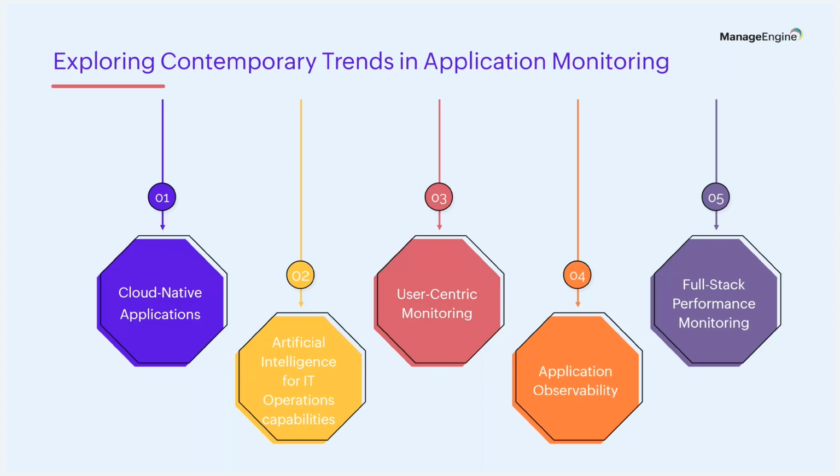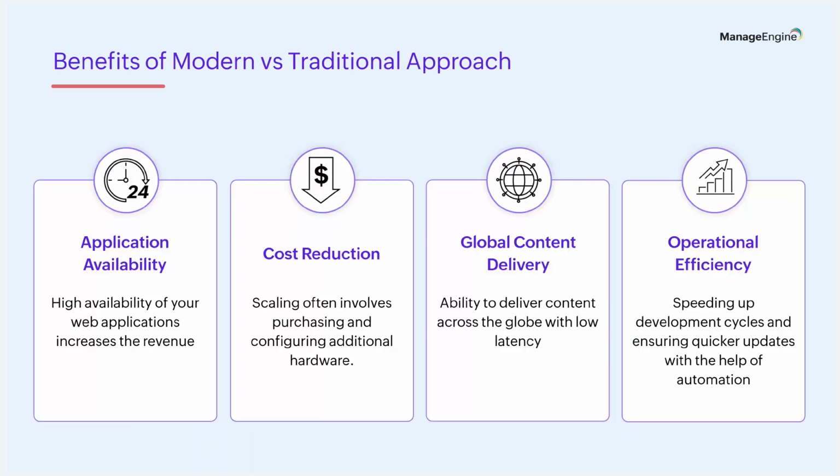It monitors the entire application stack from the front-end interface to the back-end servers, including the databases. Real-time data such as response time and error rates are used to detect and fix performance issues quickly. By adopting these modern trends, organizations can monitor their applications in real time, identify issues early, and ensure better reliability, availability, and user experience.